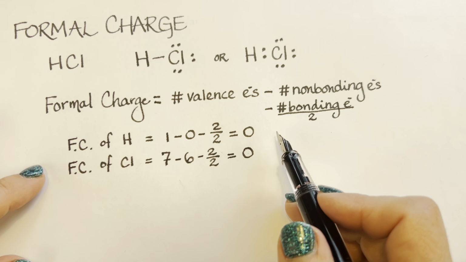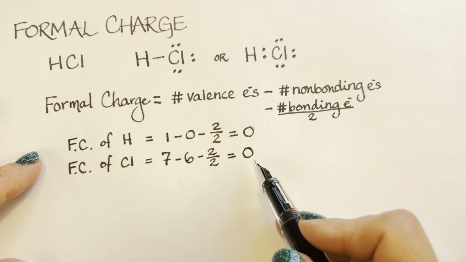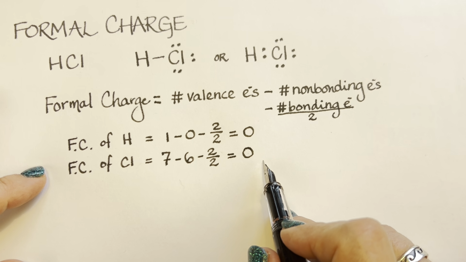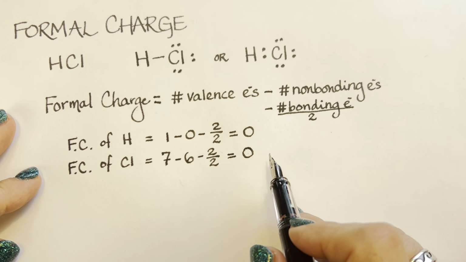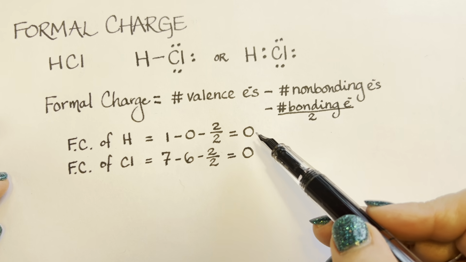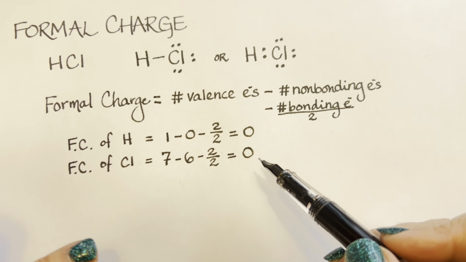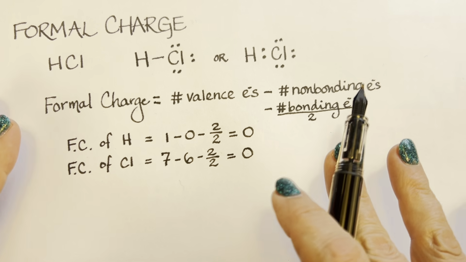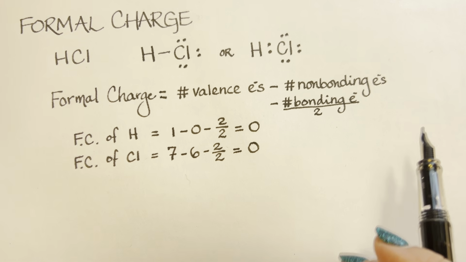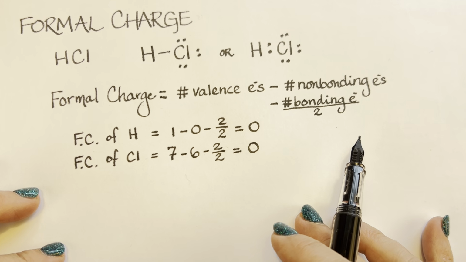Having a formal charge of 0 is a very stable situation. And we will see that for many atoms in molecules, this formal charge is 0, but not always. So that's what's going to help us determine the most stable structure.